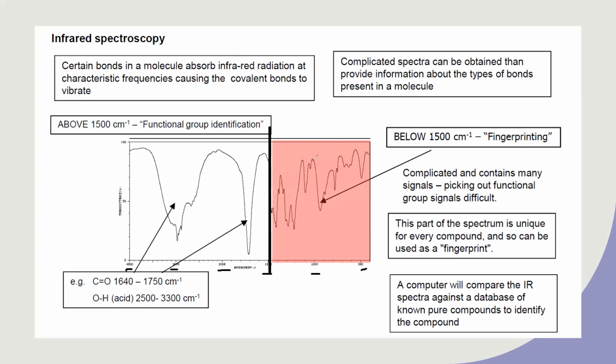We don't consider this because it is complex and we cannot read it easily, since each molecule has its own unique infrared spectrum here. So whenever we determine the type of the bonds present in the molecule, we check the region from 1500 to 4000.